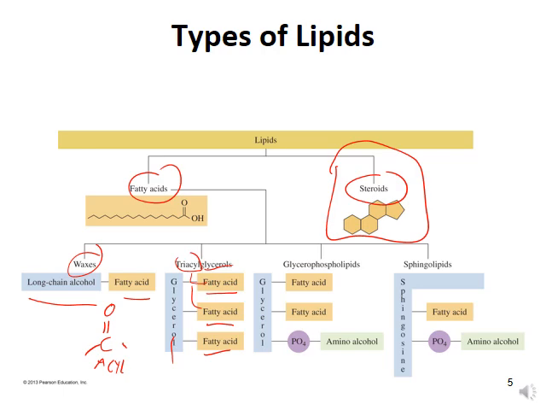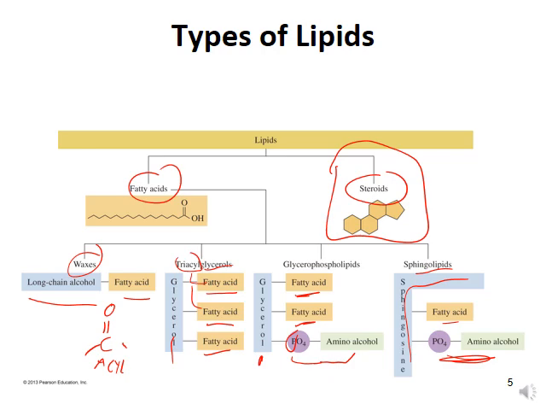Glycerophospholipids, so glycerol again. Got the fatty acids, but now we've got a phospholipid, phosphorus kind of a thing. And sphingolipids has a sphingosine, fatty acid, and then the phospho part.